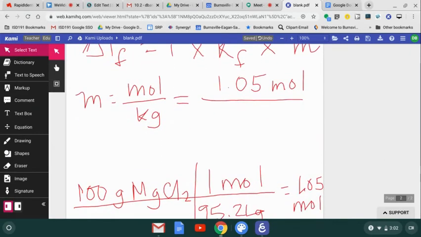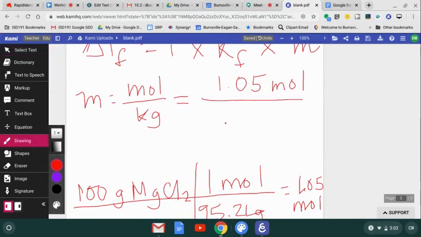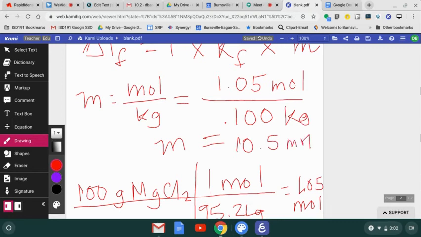And so if we change that into kilograms, we have 0.100 kilograms. All right, in other words, the molality is going to be 10.5 moles per kilogram.